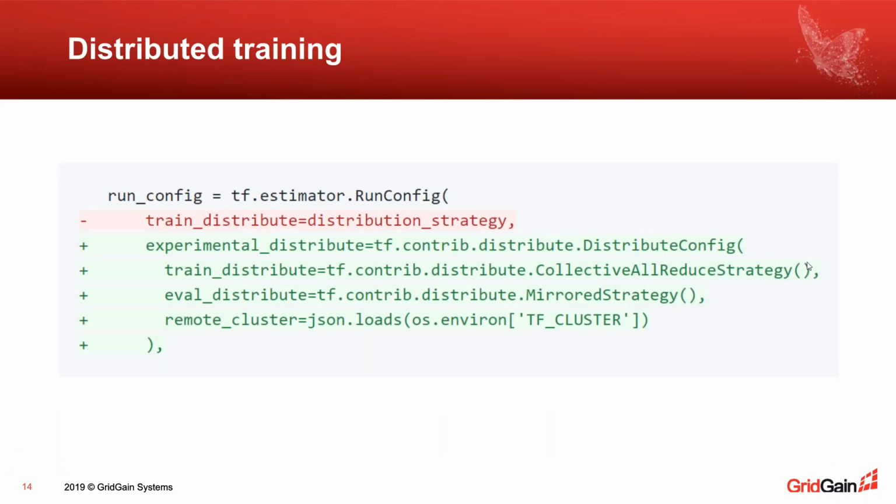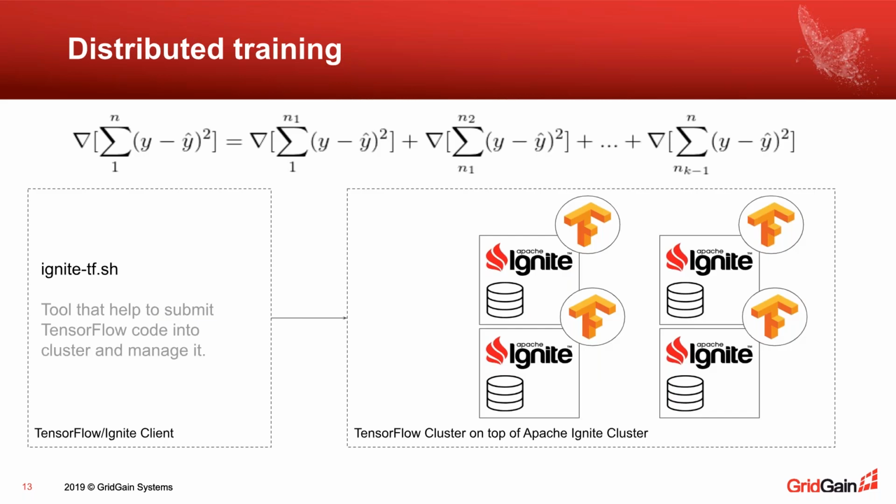So as I mentioned, the migration from single node deployment to cluster deployment with Apache Ignite is really easy. We provide a complete cluster management tool called ignite-tf.sh, that will deploy and maintain a TensorFlow cluster on top of an Apache Ignite cluster.